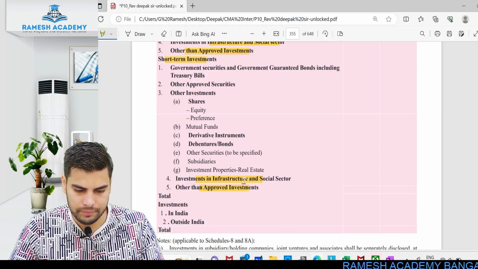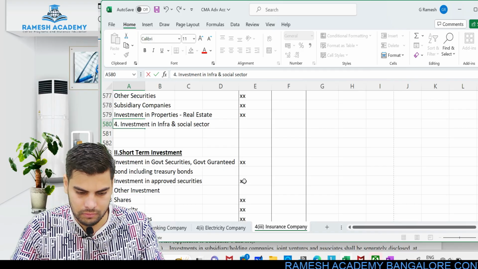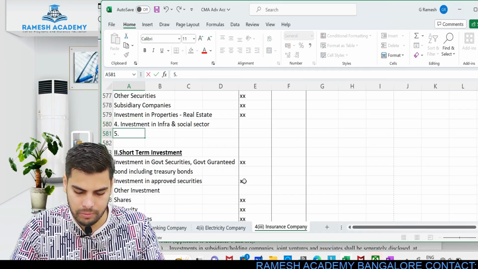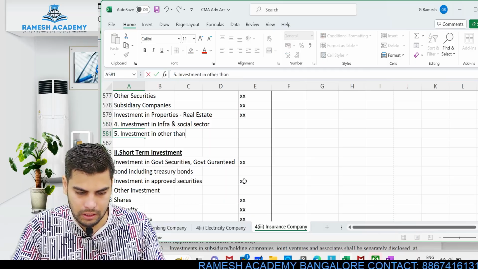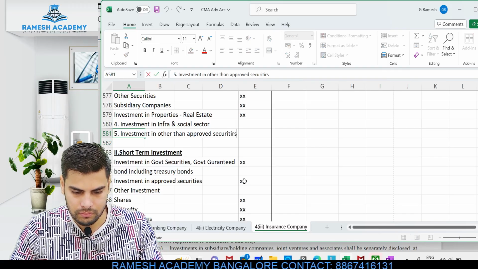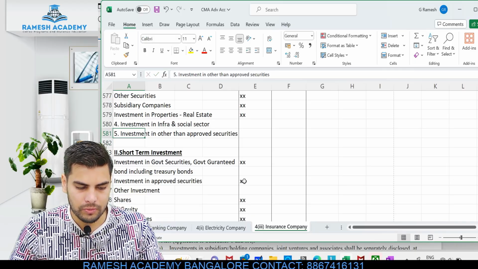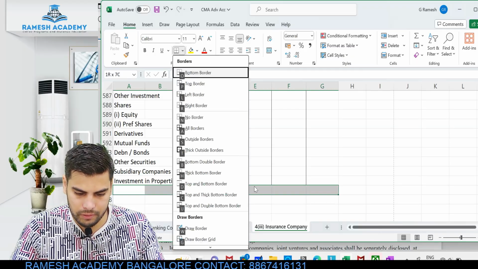Look at this. Last thing would be investment in other than approved securities. So investment other than approved securities. You will have to show the breakup of this as well.